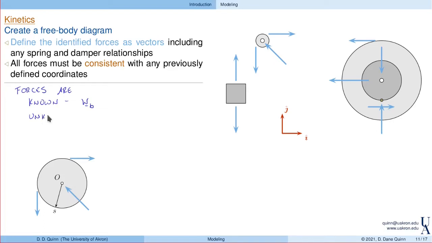Or completely unknown, or at least unknown in magnitude, and that might be the friction force, Fr, or T1, which was this tension. The last kind of force is also unknown, but related to the configuration, and that's like a spring force. So something that we can write in terms of the coordinates and directions.